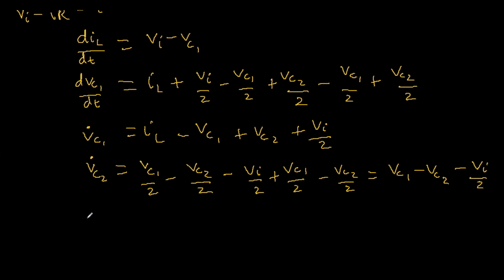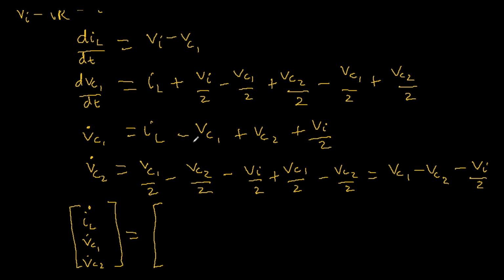So let's write it formally. You have your IL dot, VC1 dot, VC2 dot. I was going to write it out in this form, which is why I decided to always write my VI last, because that makes it a lot clearer. So IL dot is simply equal to, oh, here I forgot to write my IL last.